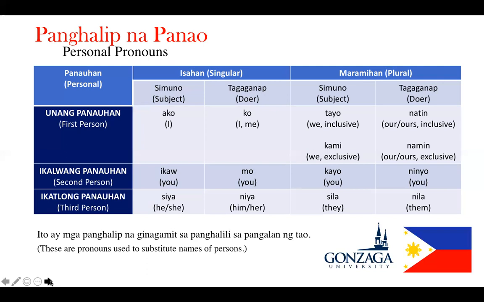Yeah, so basically these are the personal pronouns that we have in the Filipino language. I will not really delve into the structure yet because we have another discussion for pangungusap or sentence, but at least you already have an idea how these words or pronouns are translated to English. Okay?